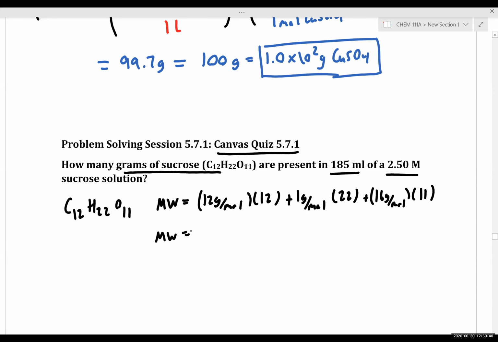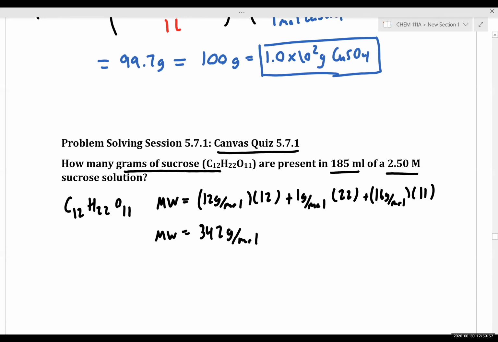That in turn gives us a molar mass. Let's punch that into our calculator. 12 times 12 plus 22 plus 16 times 11. That gives us a molar mass of 342 gram per mole.